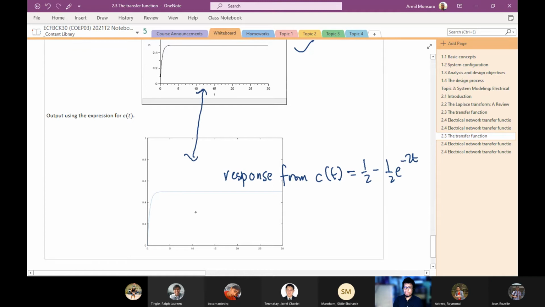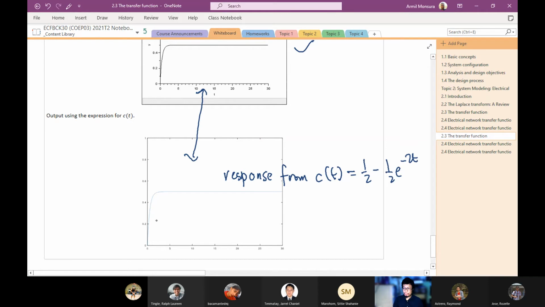Kasi ang problema rin minsan ng ibang students is that pag nakakita ng graph, when they see a graph, tapos the graph seems to be similar, sinasabi nila kagad na pareho siya. That's the outright conclusion.